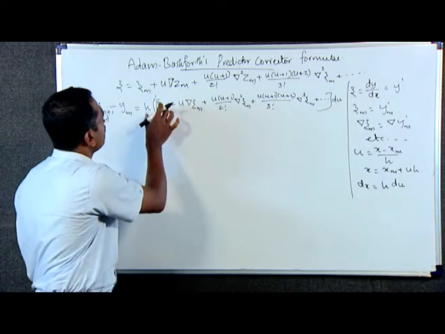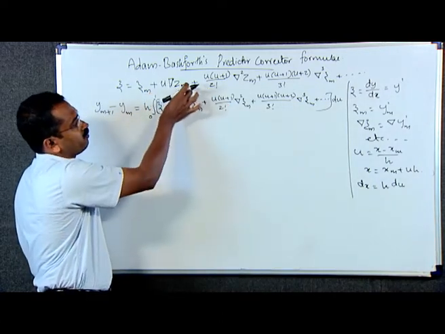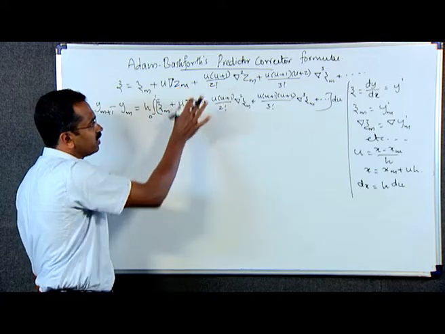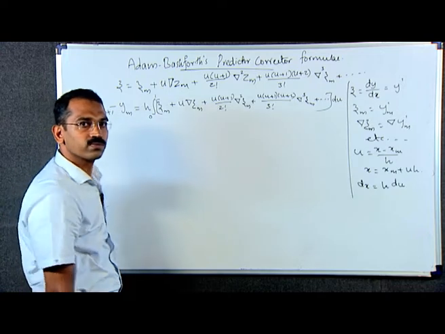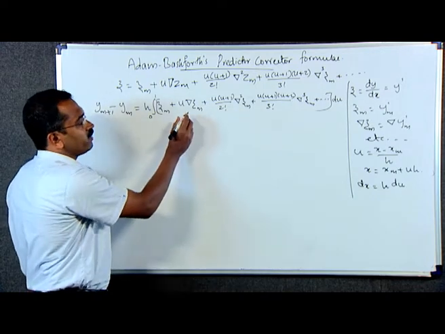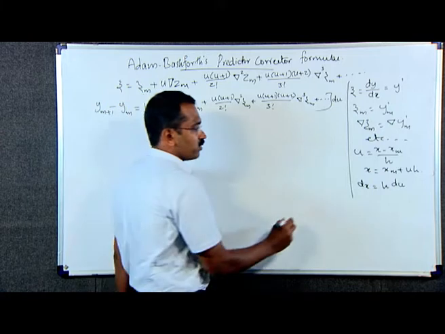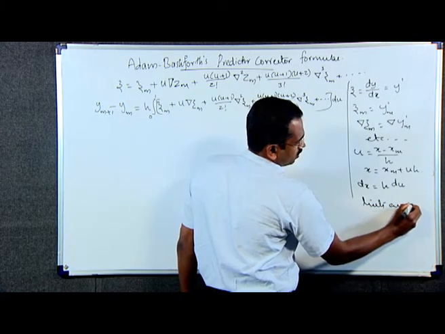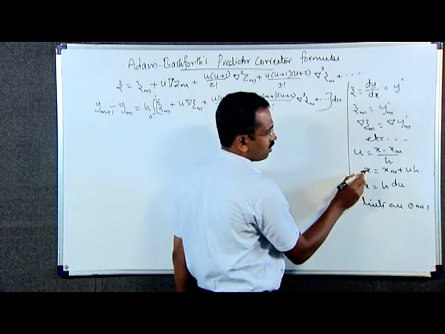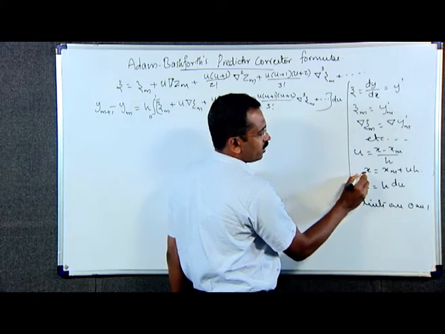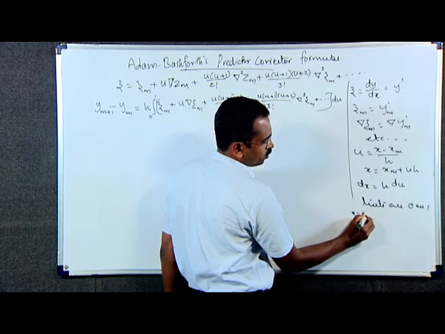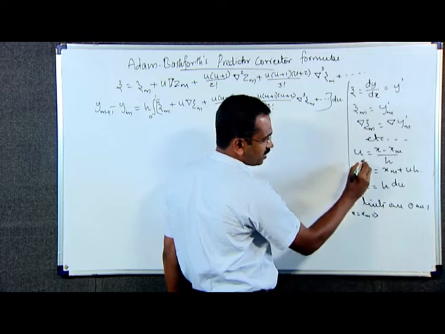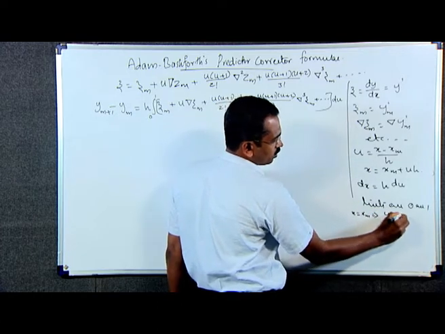Therefore, we can write like this when we integrate both sides of this equation with respect to x. The limits for u are 0 and 1, because when x is equal to xm, this implies u is equal to 0.